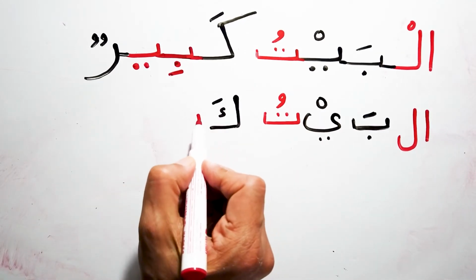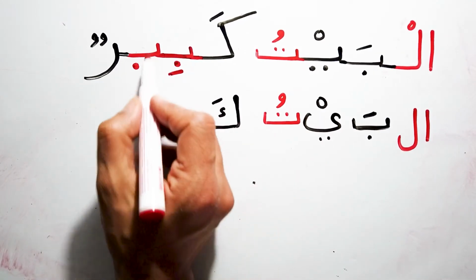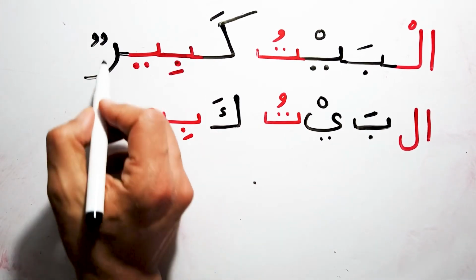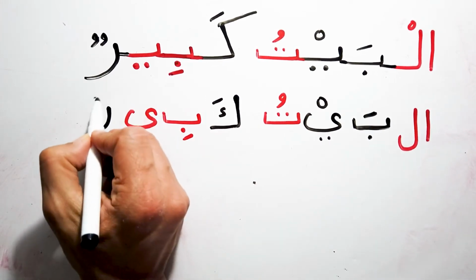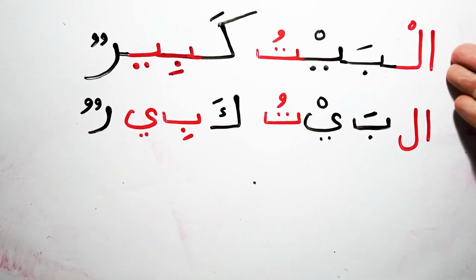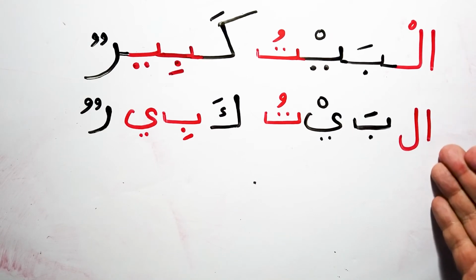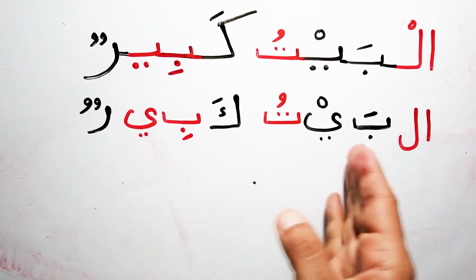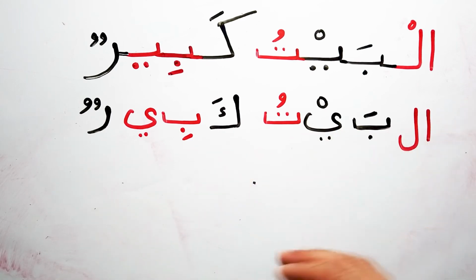And then let's add this one, B, and then let's add long vowel Ya, and finally run. So here is how the letters are connected, and here the letters are out of the word, each letter separated, so they totally have different shapes.